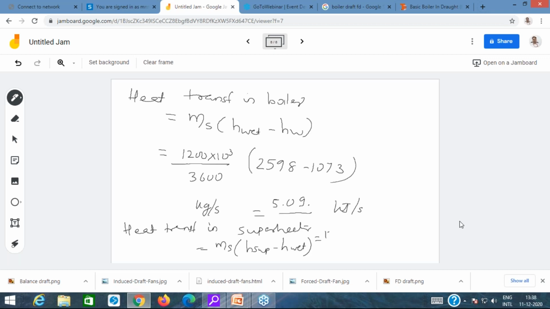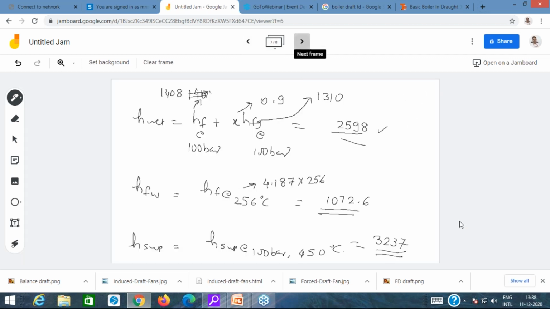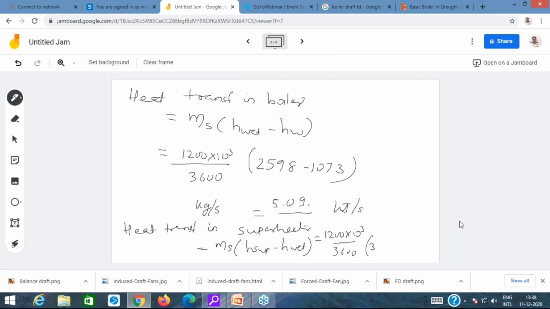So 1200 into 10 raised to 3 upon 3600, enthalpy of superheated steam was 3237 minus 2598. That gives me the answer for the second question. That is the heat transferred in the superheater.